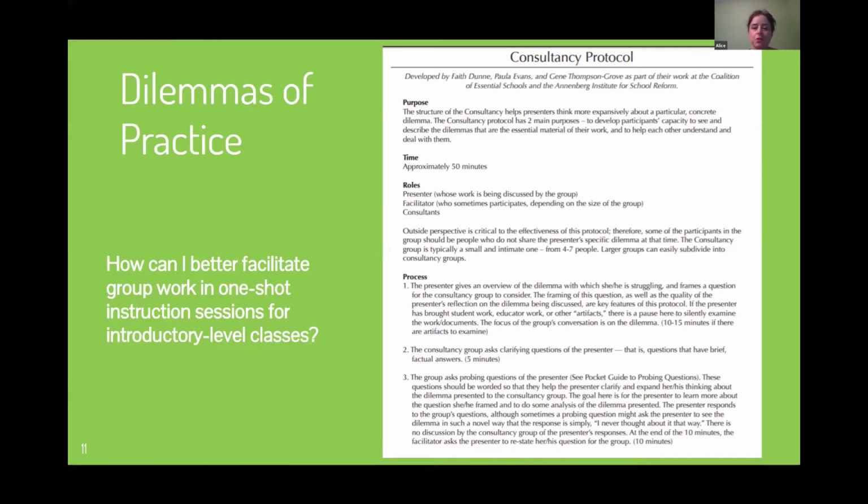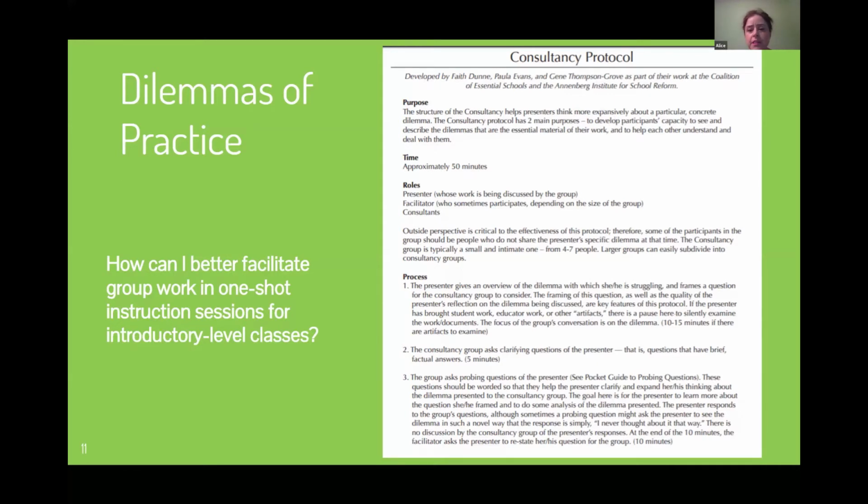I was able to do group work with 200 level classes and honors level classes, but just for introductory level classes, something just wasn't working, and it was really thorny for me. So after I presented my dilemma, I presented the group with that question so they can focus on it.